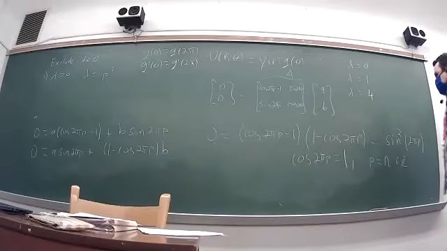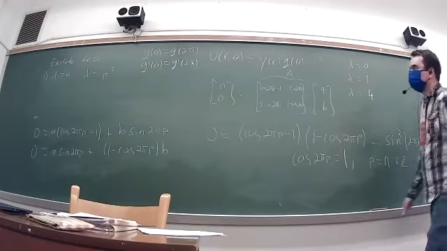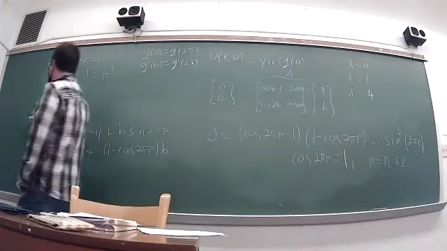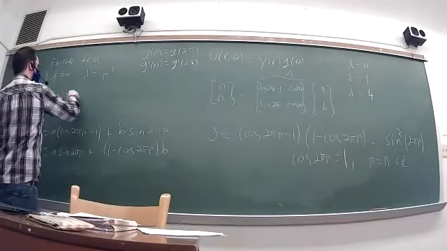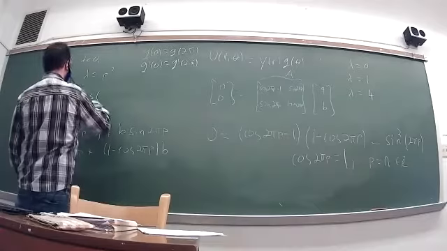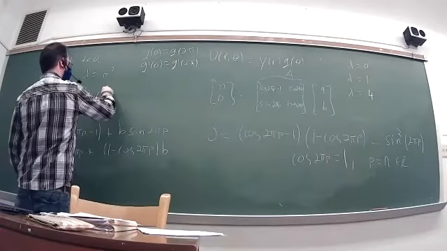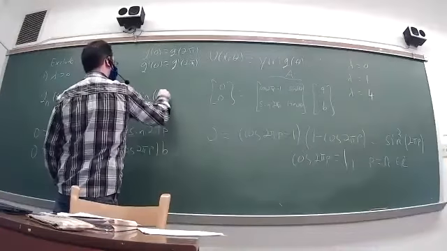So yeah, you can take any integer, but we're learning that this is A times cosine n theta plus B sine.